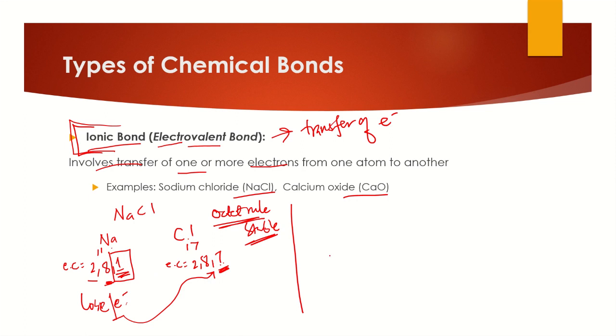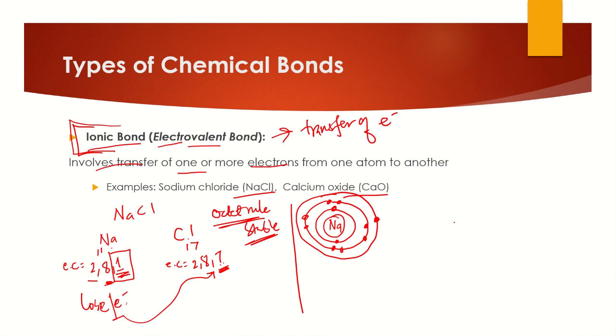To understand this, let me draw the atomic structure for sodium and chlorine first. Sodium has a nucleus, first shell, second shell, and then third shell, since there are 3 shells. The first shell contains 2 electrons, the second shell has 8 dots, 1, 2, 3, 4, 5, 6, 7, and 8. And the last shell will contain only 1 electron.